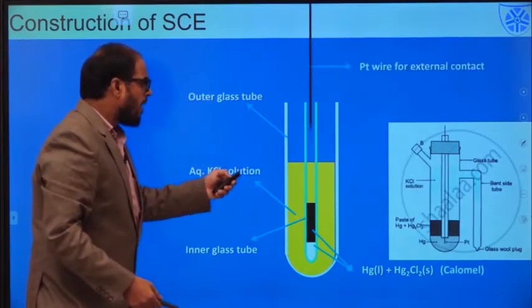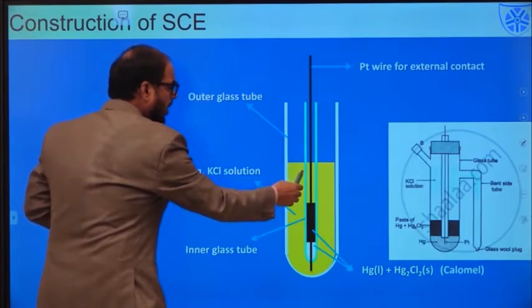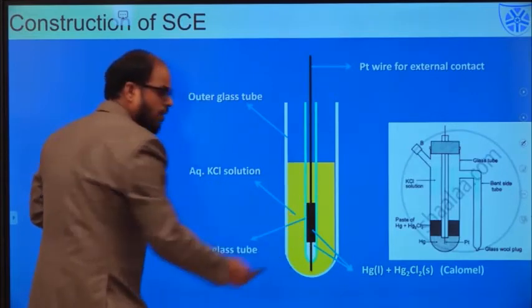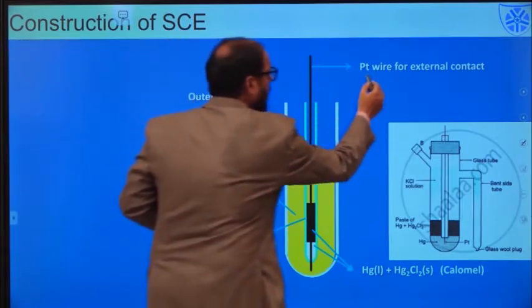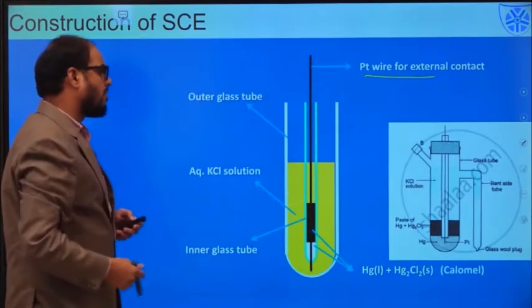A platinum wire is passed through, connecting the potassium chloride, the mercurous chloride, that is the calomel, and the mercury. This platinum wire is used as an external contact, so that we can connect the other half cell.